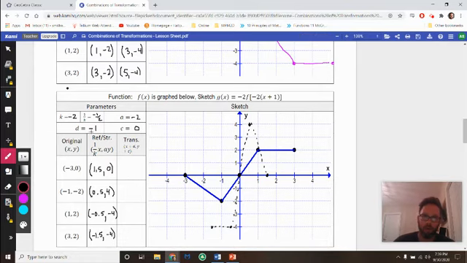This is a bit easier because we're basically just subtracting 1 off the x values and doing nothing to the y values. So 0.5, 0, negative 0.5, 4, negative 1.5, 4, negative 2.5, 4.